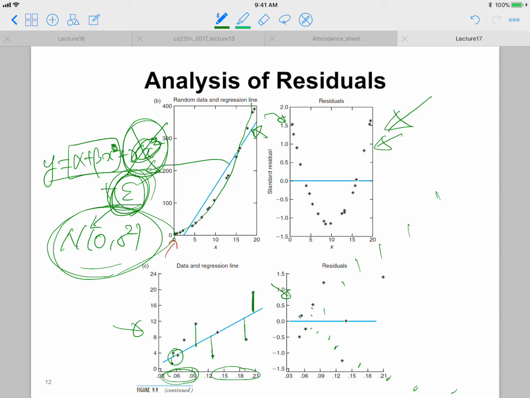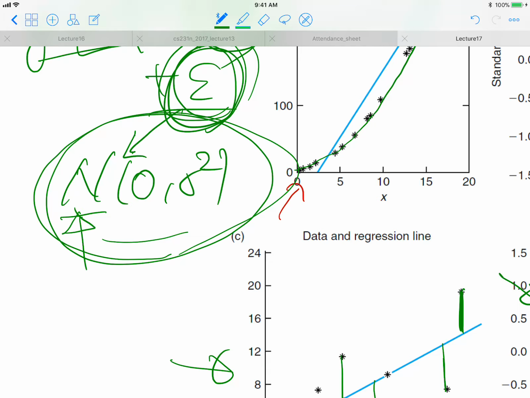It means this error term is no longer following the Gaussian with the fixed variance. Actually, the variance is proportional to the x value. So we can change our model in this manner. After we use this one, it may perfectly fit our given data.